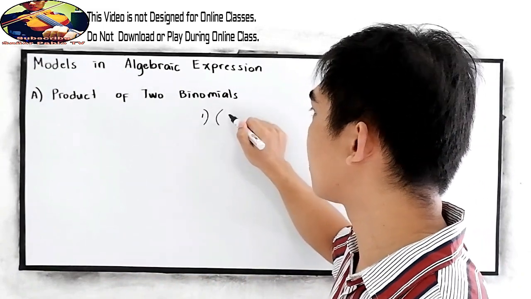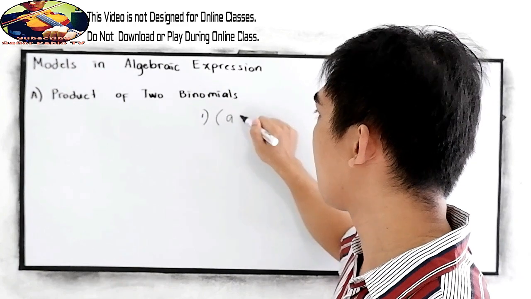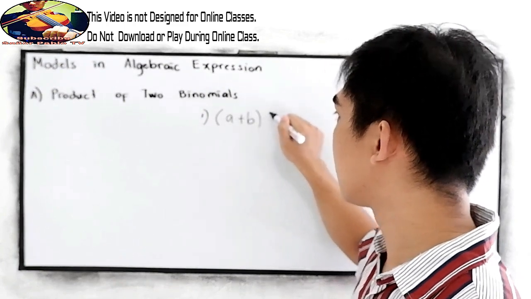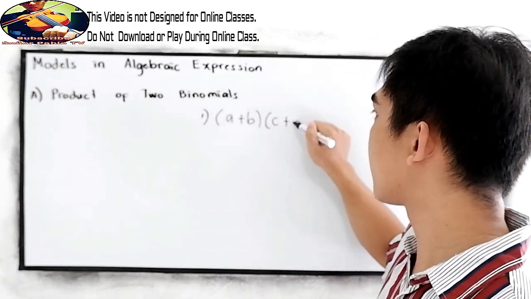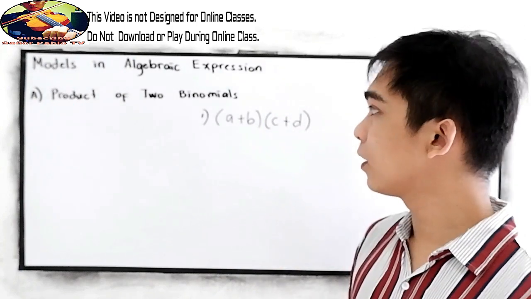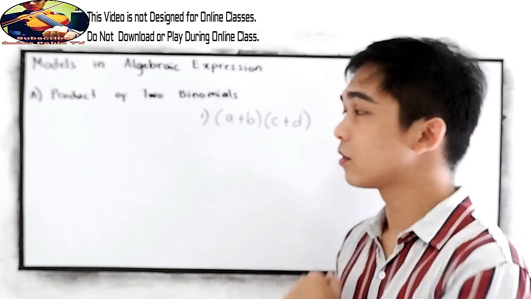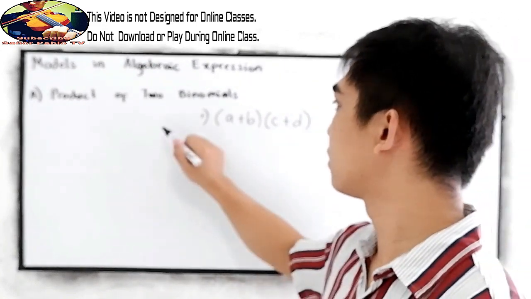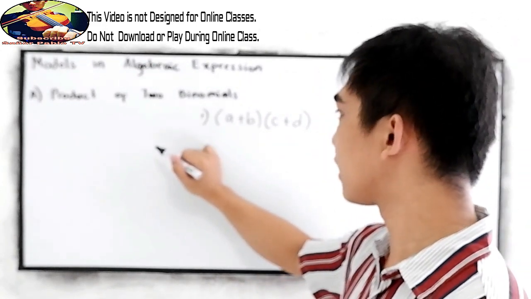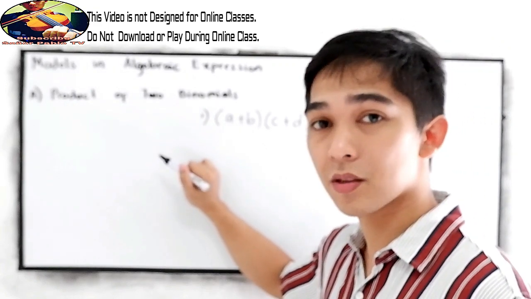Let's say we have A plus B times C plus D. So, multiplying the two binomials, we're going to use the FOIL method.